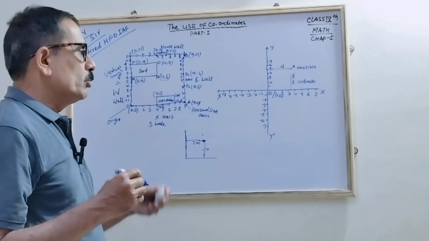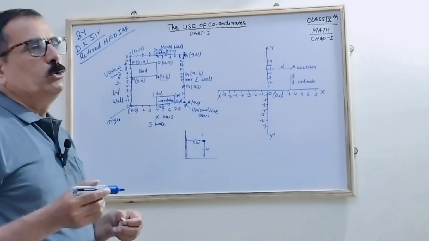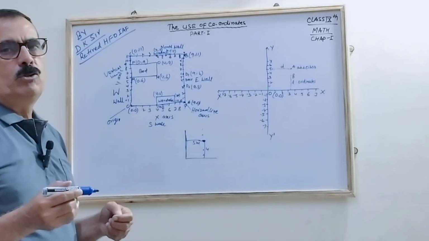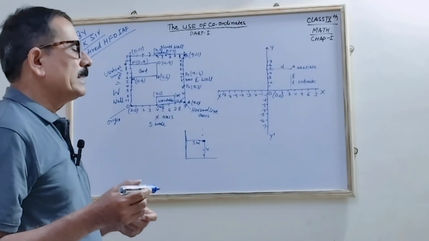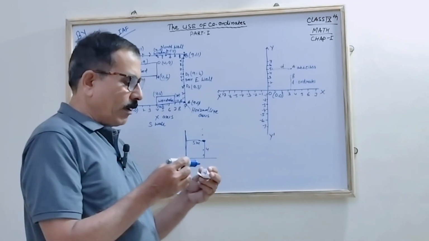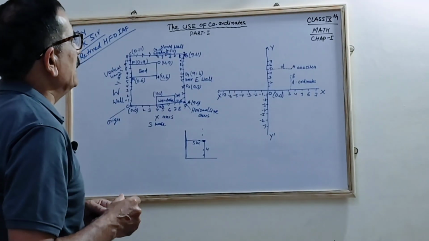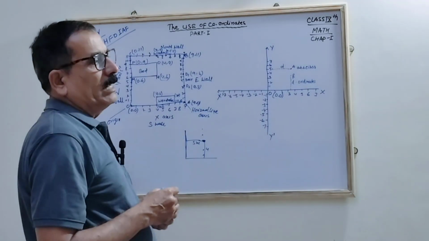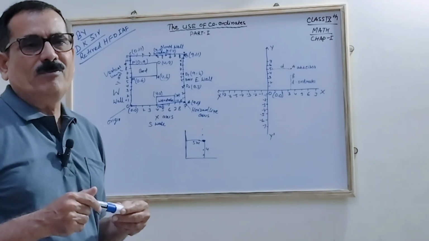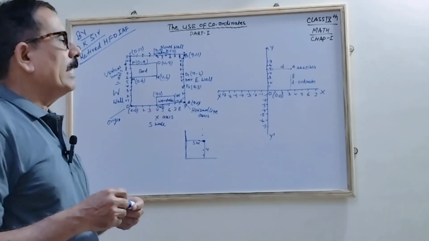To solve that in 2D, that is two dimensions, we required to solve the problem. So there was the requirement of coordinates, with respect to the x and y axis.